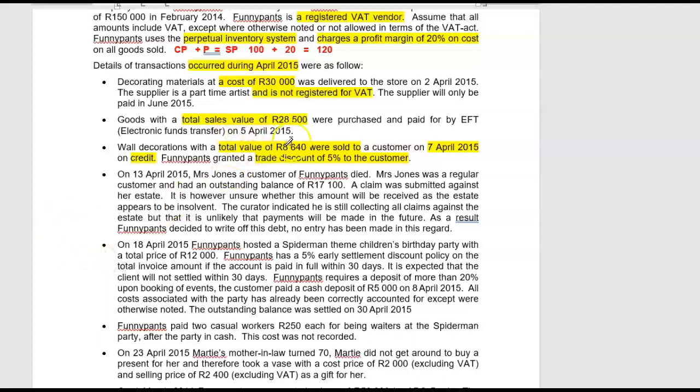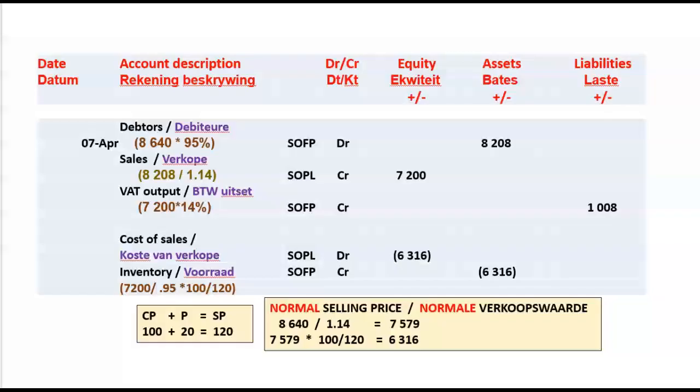Now, the total value was 8,640 Rand. We gave them a trade discount of 5%. So this is a normal value. This is not the value that they have paid. So debtors will be debited. The invoice that we're going to issue to the debtor won't be for 8,640.